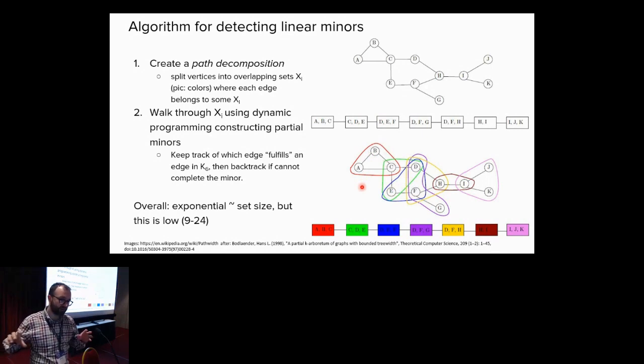By dynamic programming, it is still an exponential algorithm, but it is not exponential with respect to the number of edges, but on a certain width parameter called pathwidth that is derived from this path decomposition. And in practice, we encountered this parameter to be like 9 through 24, maybe slightly more, so it's manageable.